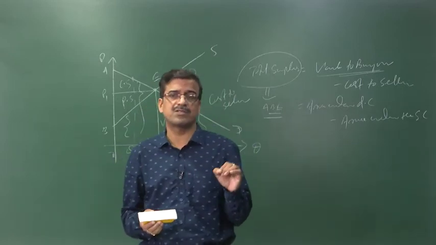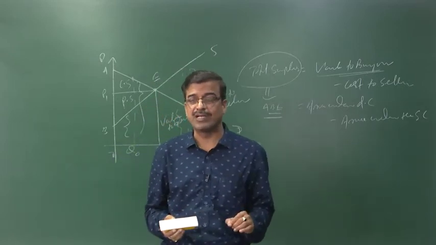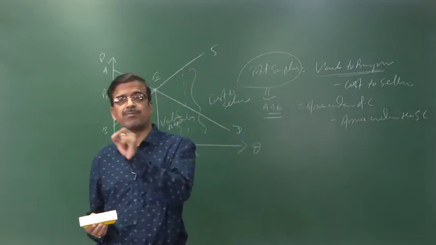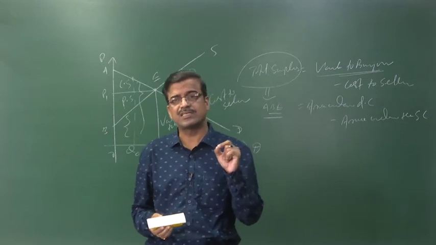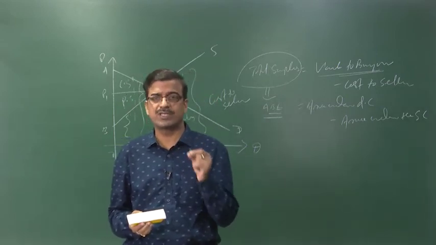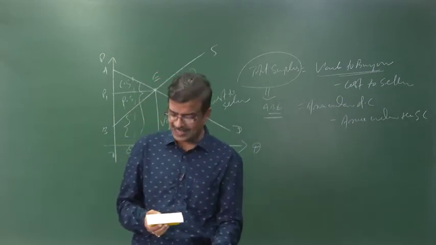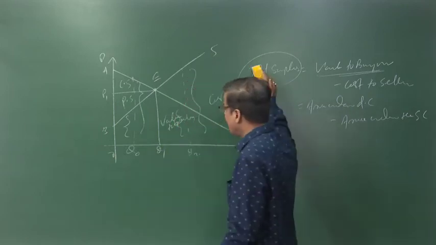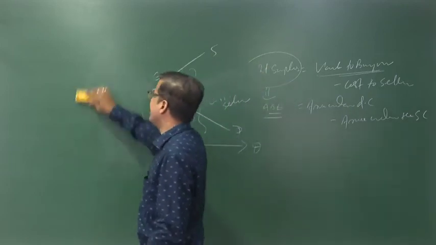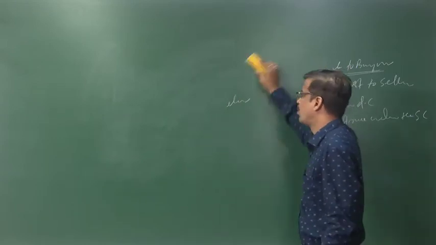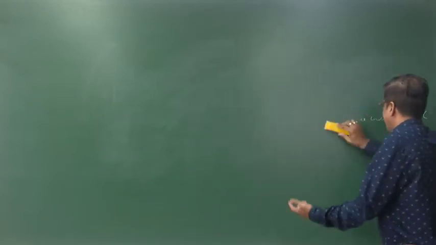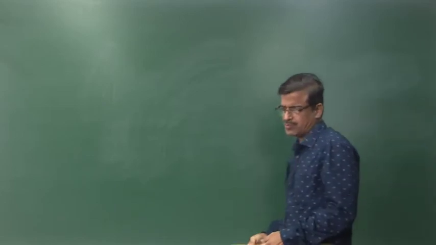Here comes the term called externalities. Externalities may be positive or negative. First of all, we have to cite some examples to understand the term externality. Suppose, for example, an aluminium company or any sort of company; it may be coal, or any small thing we can take into account.